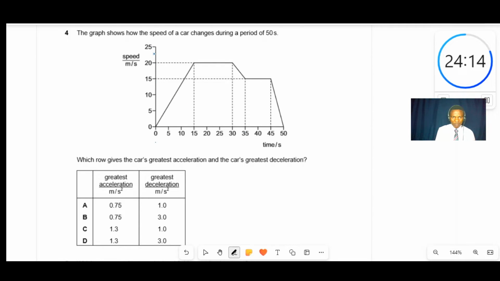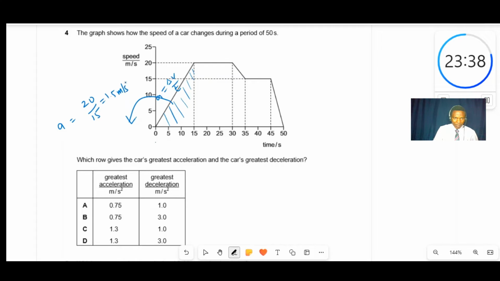The slope of a VT graph is acceleration. So we know the car is accelerating in this first part. What is the acceleration? That is delta V over T. So acceleration A is equal to 20 over 15, which gives 1.5 meters per second square.